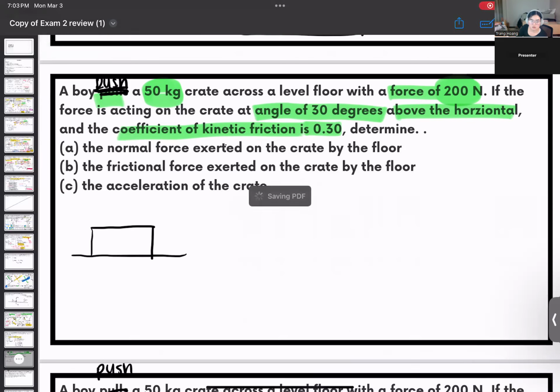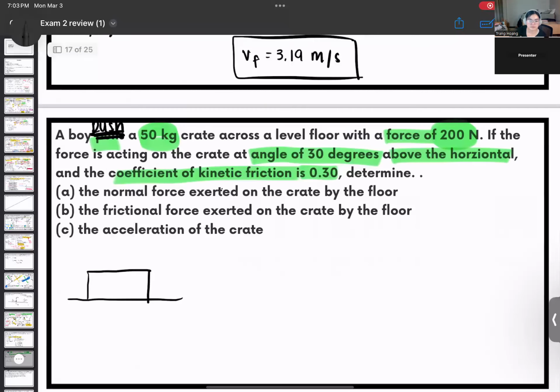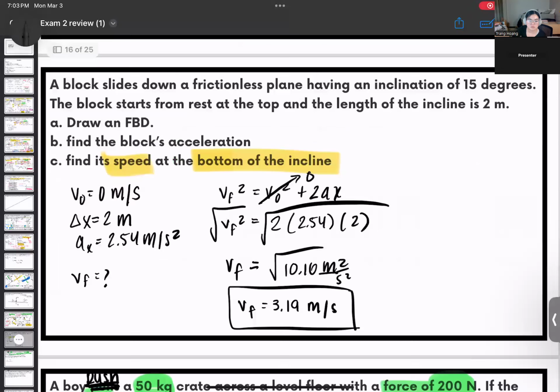Give me a second, pause. My answer key is wrong. Let me go back. What, did I skip a question? What the heck? Did I just not have a question?